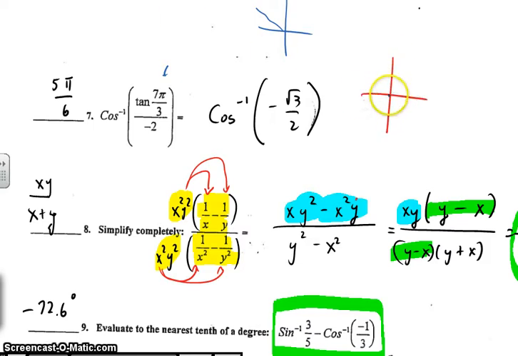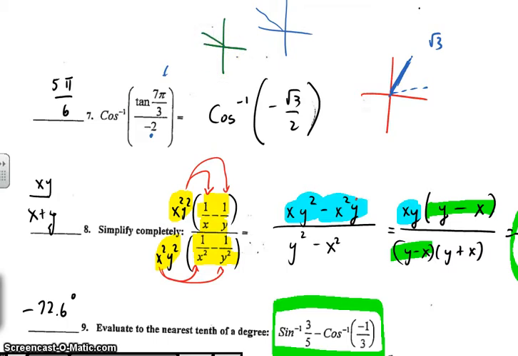So we're talking about right here. This is a steeper one than this, and I just remembered that the tangent of this is root 3. Divide that by negative 2. That means that we're finding the angle whose cosine is negative root 3 over 2, and that has got to be in the first two quadrants. Okay, and we're talking about this one here. Again, that's 5 pi over 6.